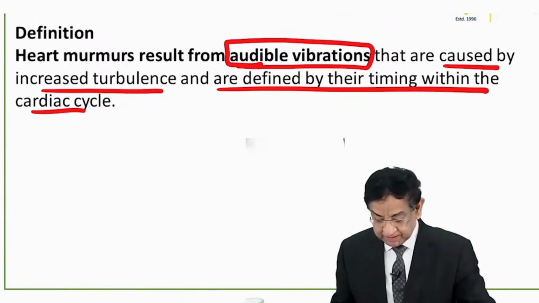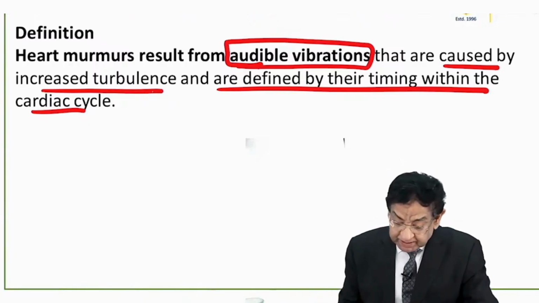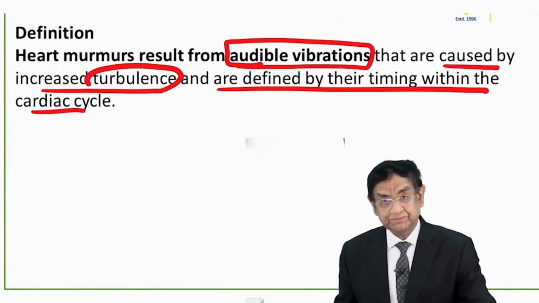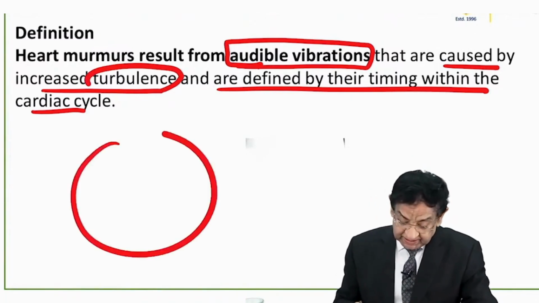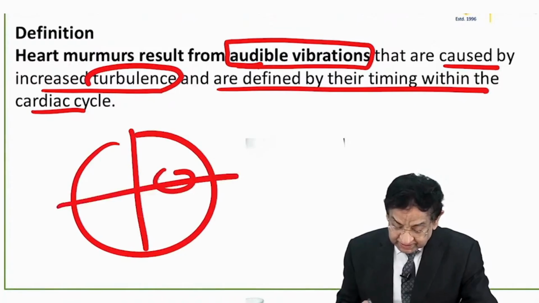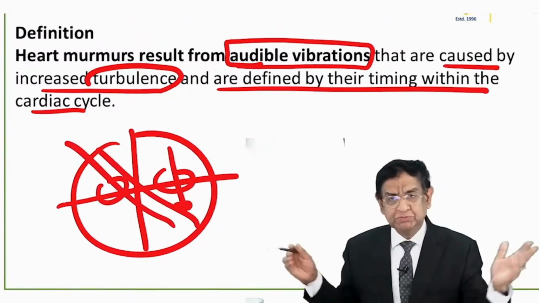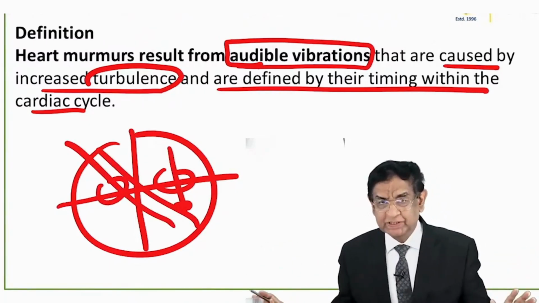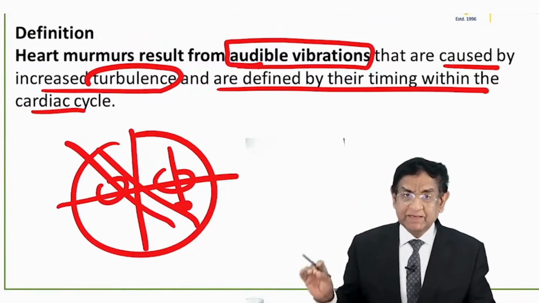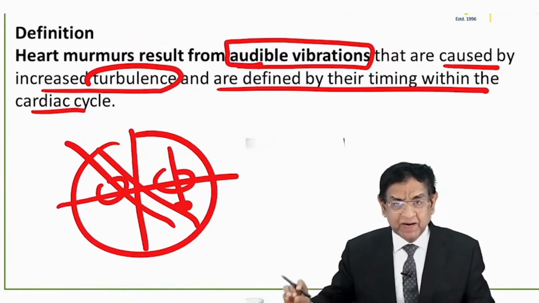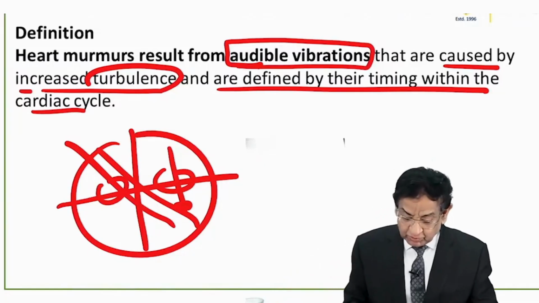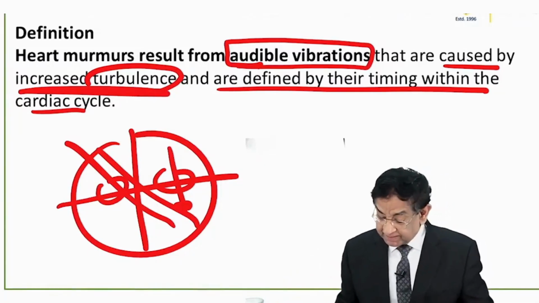Why? Caused by some turbulence in the blood flow. We have been studying that blood is coming and going smoothly, normal, with no disturbance. But whenever there is some disturbance to blood flow, some turbulence will be there.